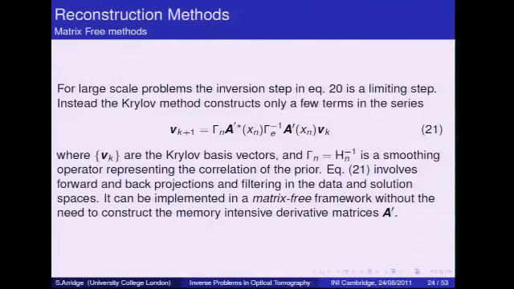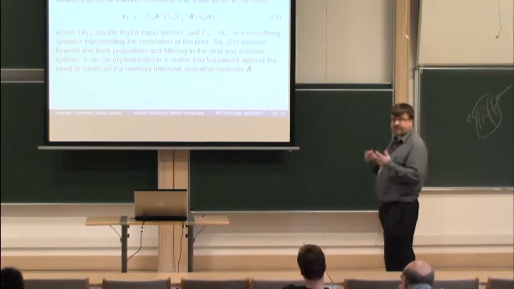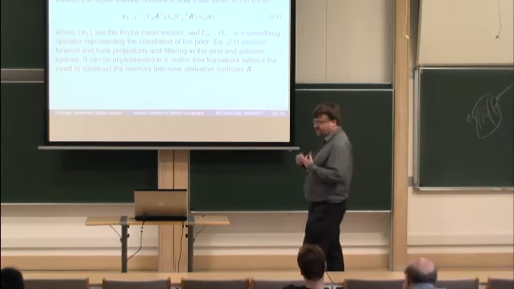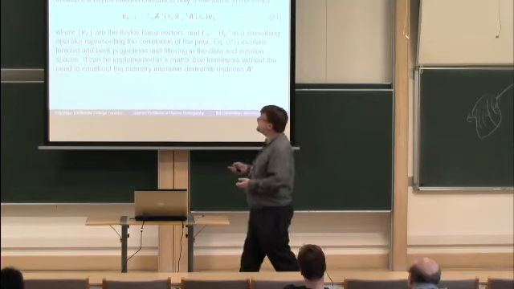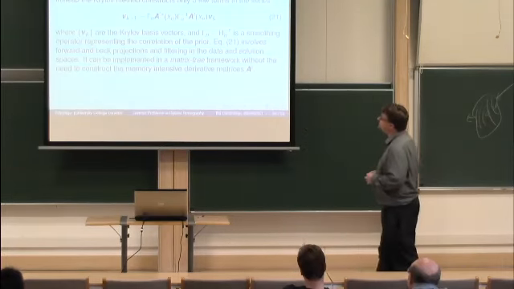And then at each step, you form the next Krylov step by forward projecting, filtering, which is a smoothing operator in the data space, and then back projecting, and then filtering in the image space with the inverse of the Hessian, which, as the regularization term is typically a local PDE, is again a smoothing operation.